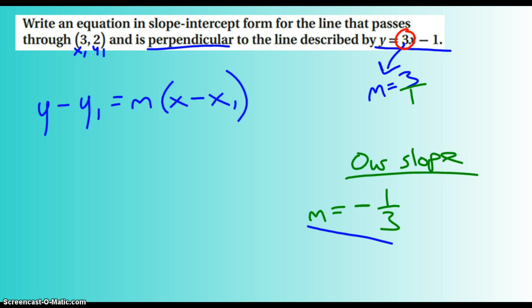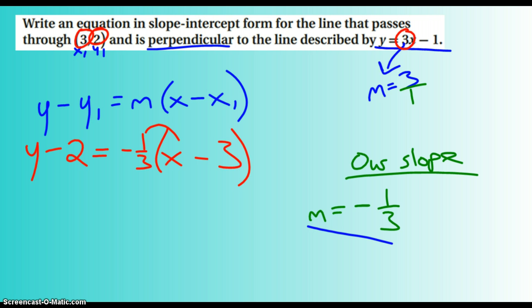So I need that slope to be negative 1/3, times x minus my x term, which is 3, equals y minus my y term. Then I do a little distributive property, because I want it in slope-intercept form, so I have to solve for y. Negative 1/3 times x, and negative 1/3 times a negative 3, or negative 1 times 3, is going to be positive, and 1/3 times 3 is just 1.